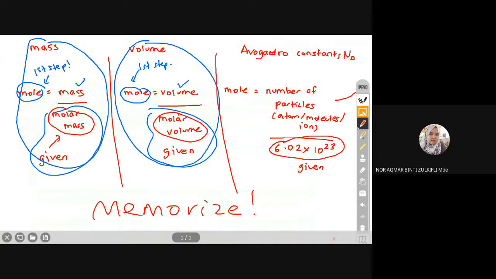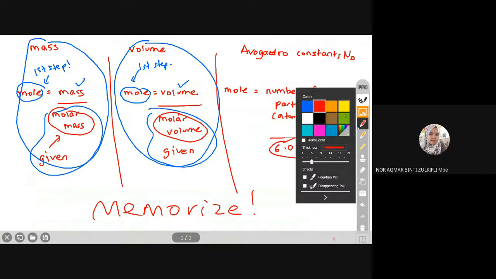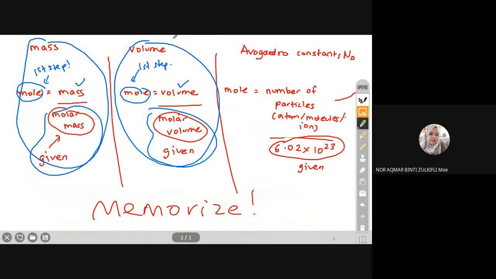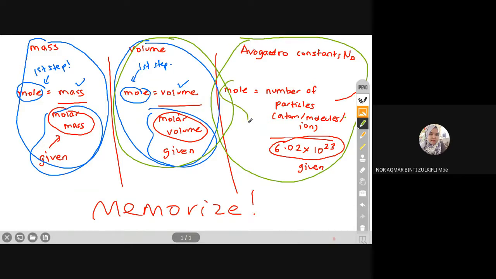So the second question is the relationship between volume and Avogadro constant. So we will use this formula, mole equal to number of particles over 6.02 times 10 power 23.